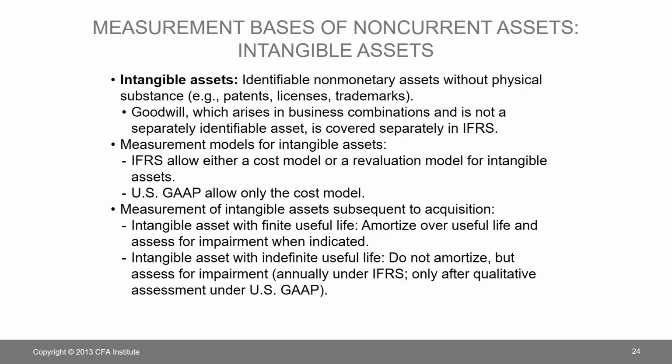Instead, at least annually, the reasonableness of assuming an indefinite useful life for the asset is reviewed and the asset is tested for impairment. Note that under US GAAP, in 2012, they changed the requirements for a quantitative assessment of impairment for indefinite-lived intangible assets.